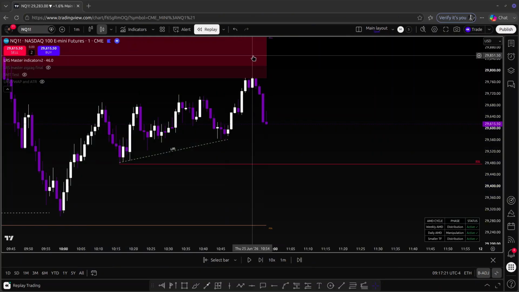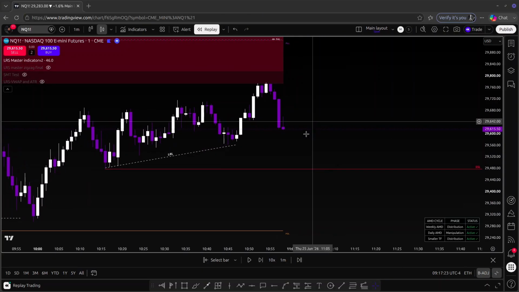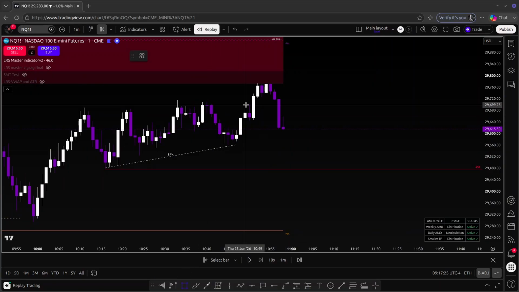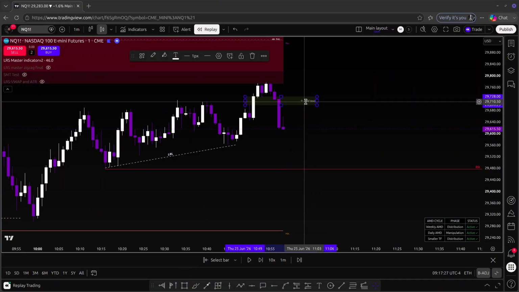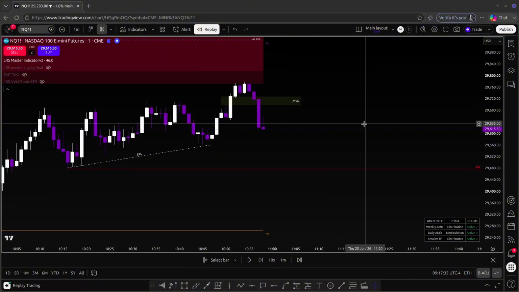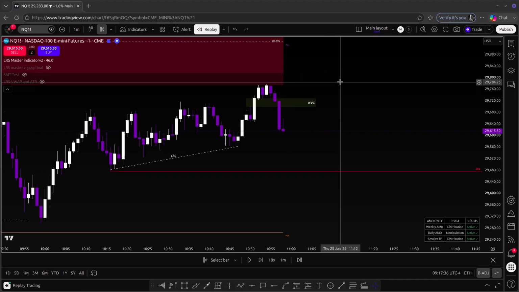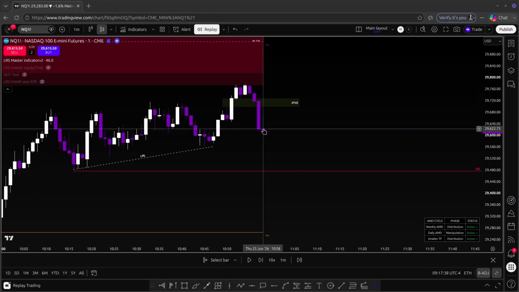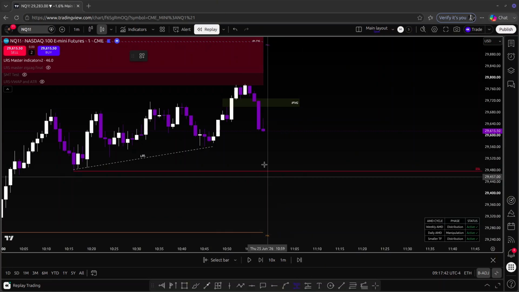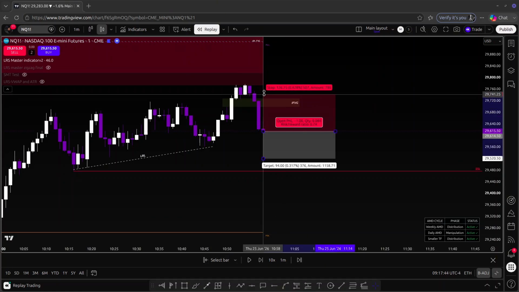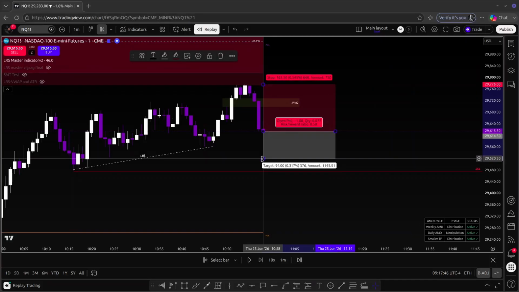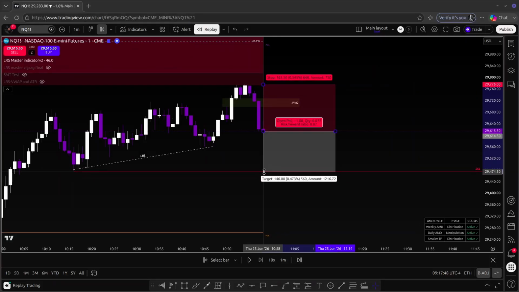But I was hesitant. I was patient. Okay, clearly we have an IFVG right here, and the same exact entries that I've been showing you on this specific model are going to play out. So right here, I didn't chase this move. Why? Because if I took a short right here, then my risk to reward is just not there.